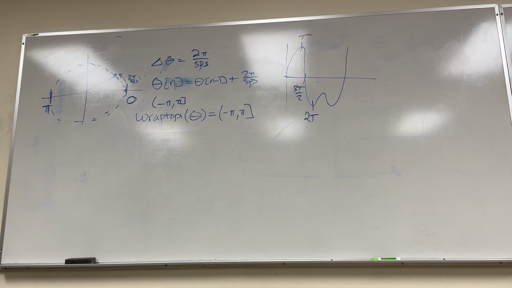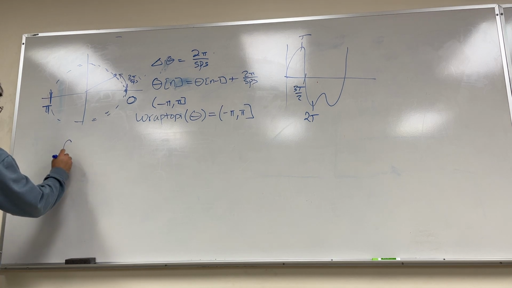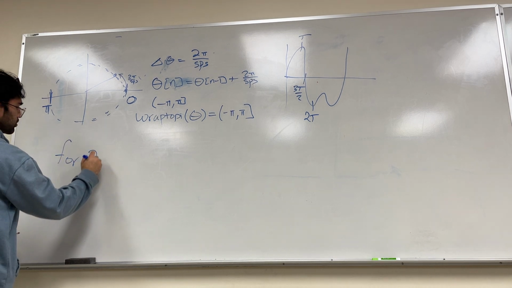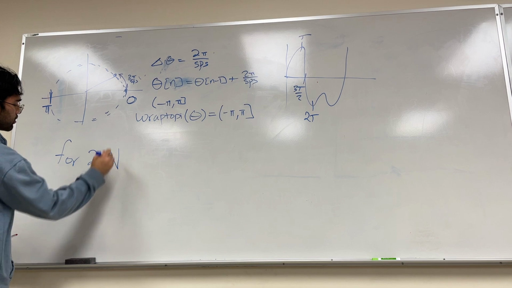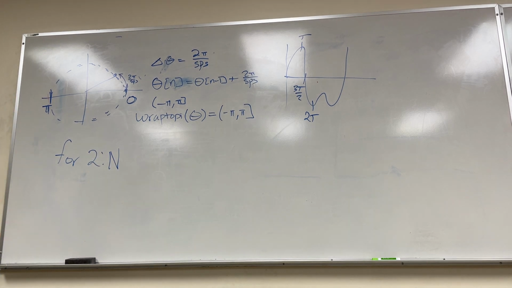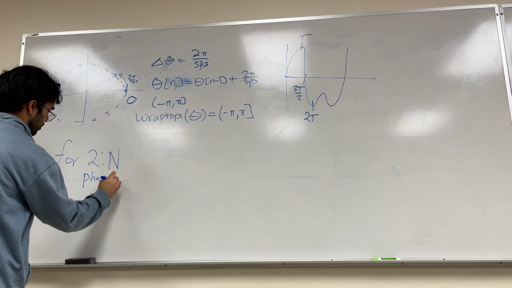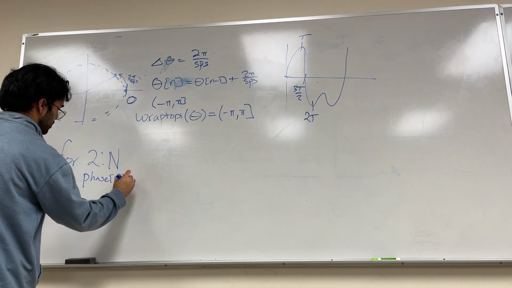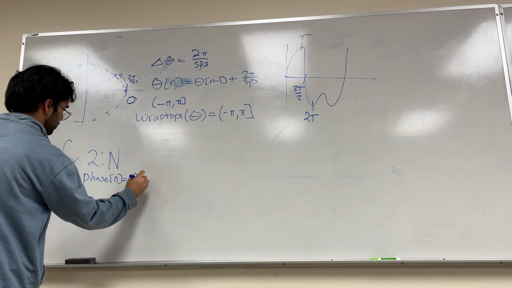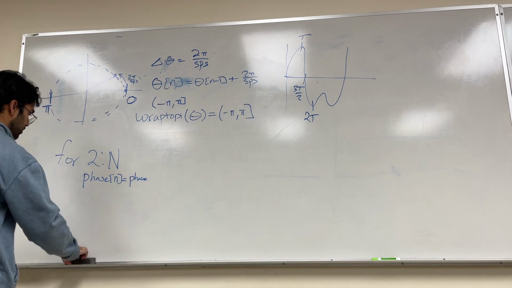Yeah. So we're going to sketch out some pseudocode for this. It'd be like, okay, let's go through samples 2 through n. And we could say current phase equals the last phase. Use theta.